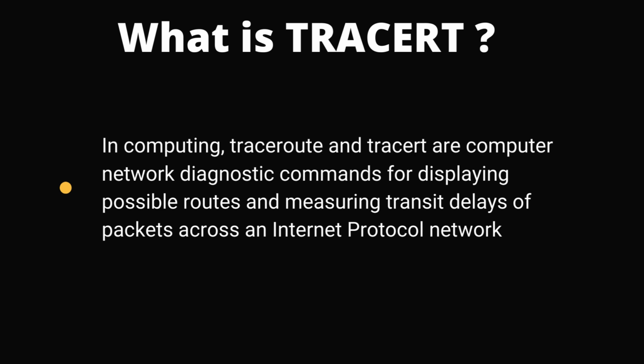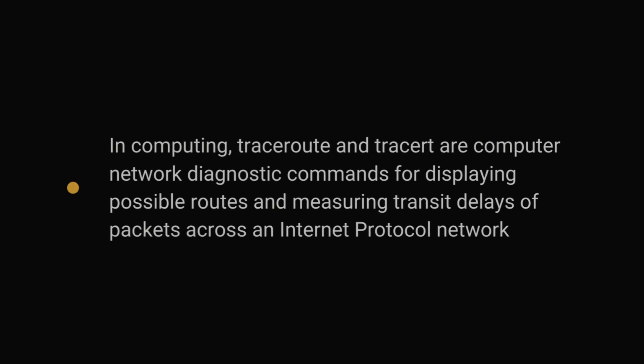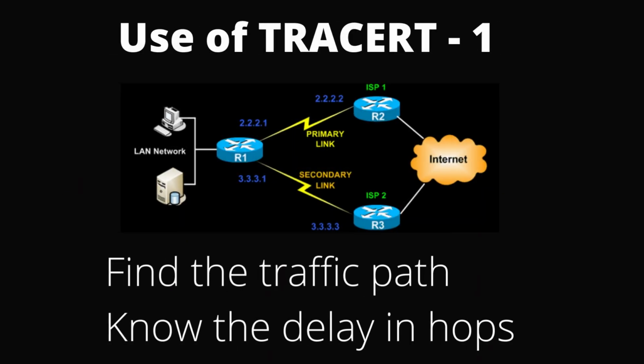So how can we use traceroute? Let's start with example one. Here you can see we have a machine and two different ISPs. How can we define which path it actually uses, or which ISP it is using to reach the internet? This is just an example.